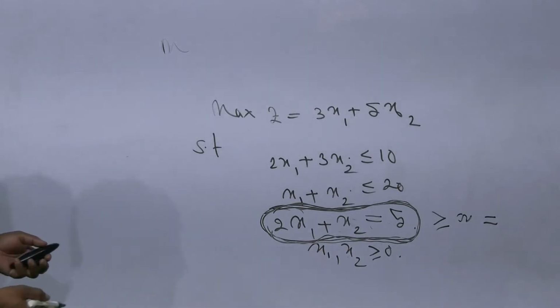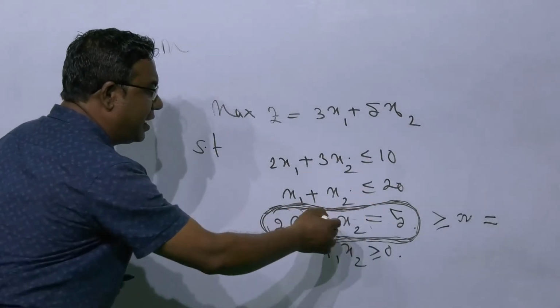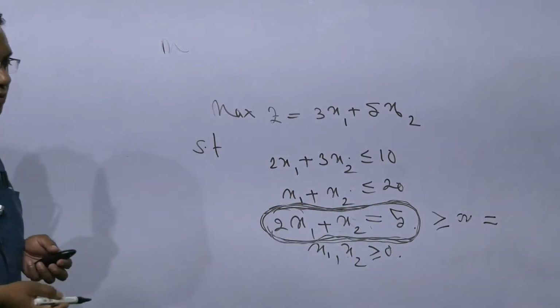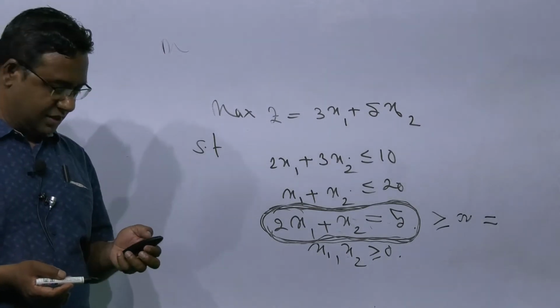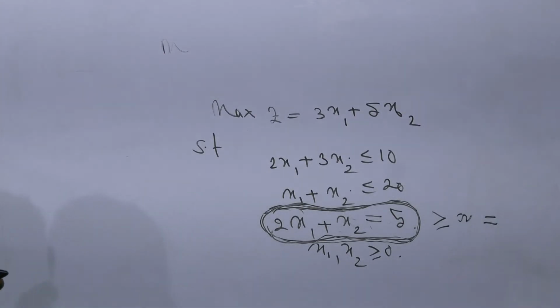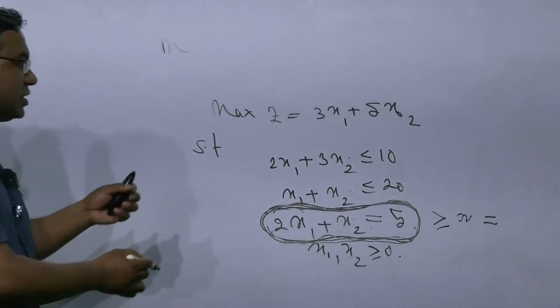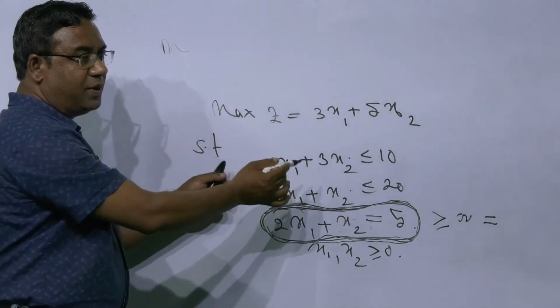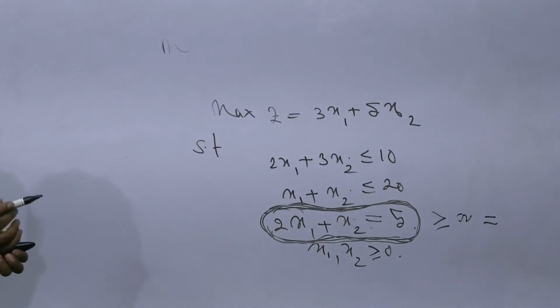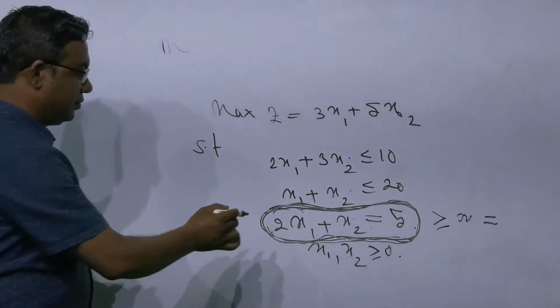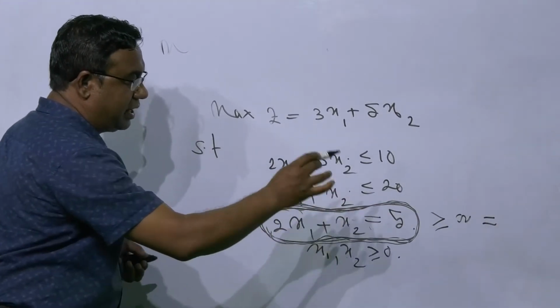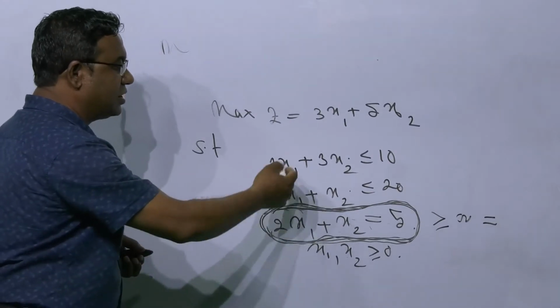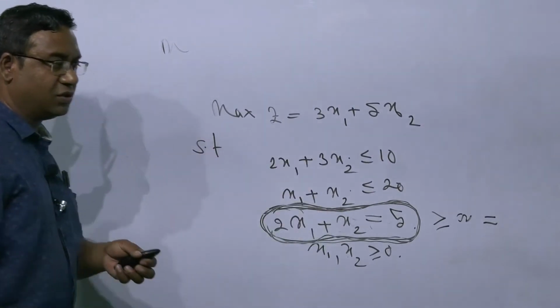So this artificial variable must be removed from the basis at an optimal stage. The new system is equivalent to the old system if and only if the artificial variables are 0. If the artificial variables are 0 at an optimal stage, then the new system is equivalent to the old system.